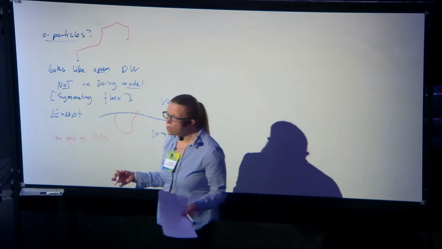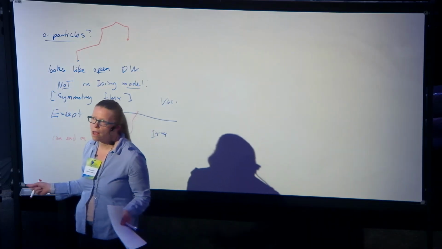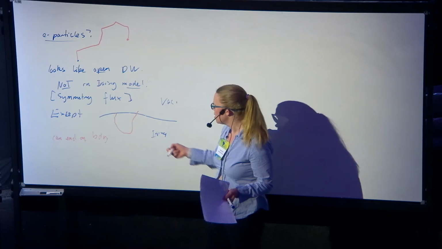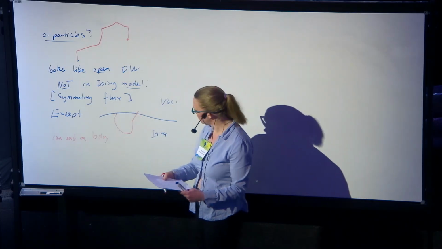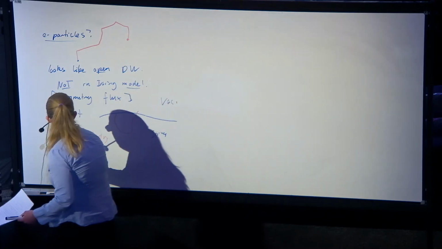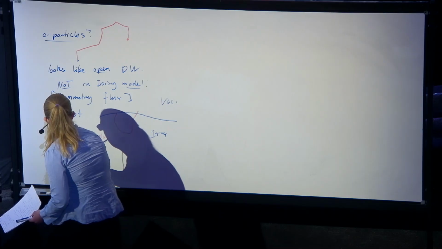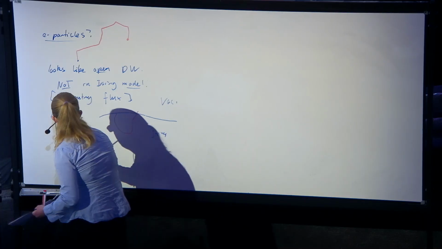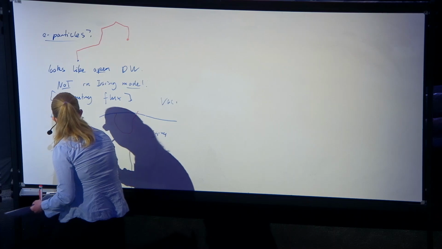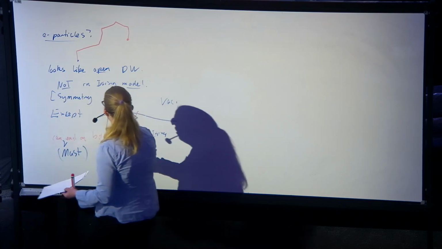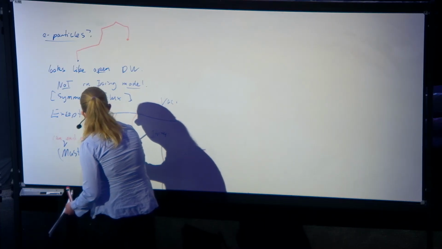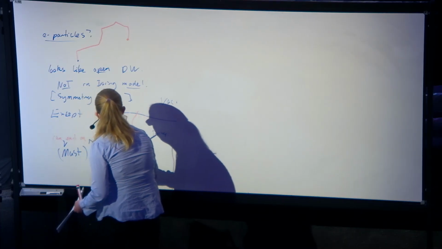And so either it's not symmetric, it's just all up, or it's a superposition of all up and all down, and therefore it has a degeneracy. So it can end on the boundary, and it must be allowed to end on the boundary if the boundary is symmetric.